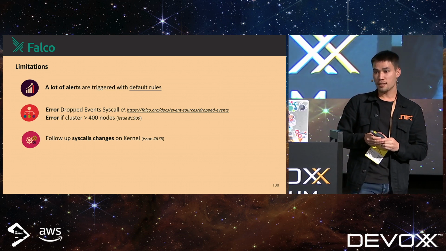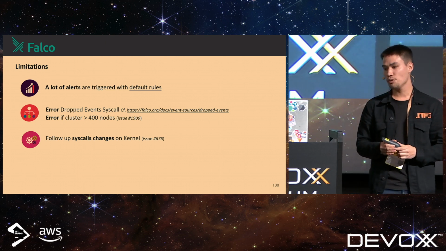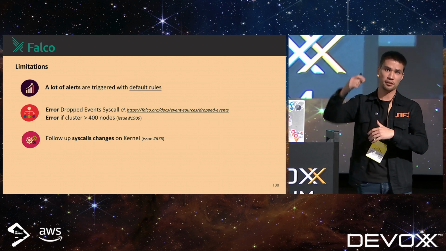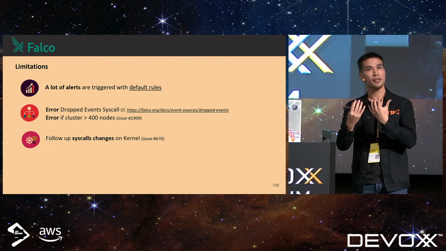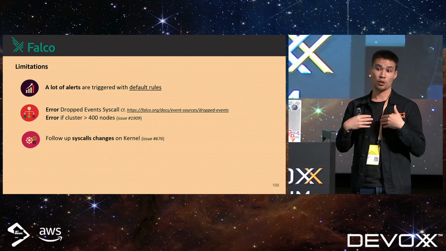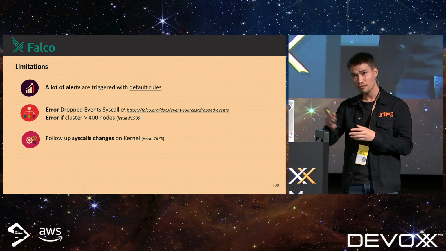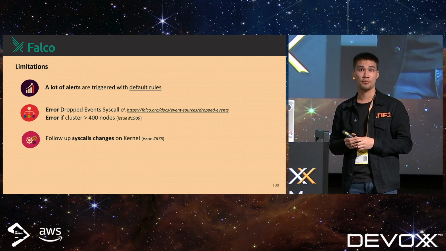The second thing is that there is a kind of technical limitation. The way Falco processes events based on the kernel, it relies on a ring buffer, right? And of course, if suddenly I have a high number of events, some of them might be dropped.